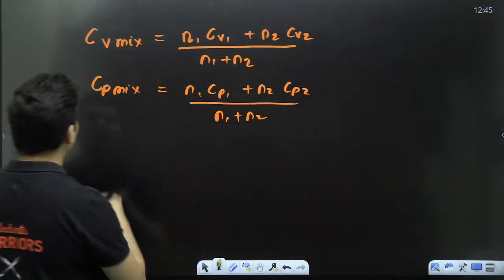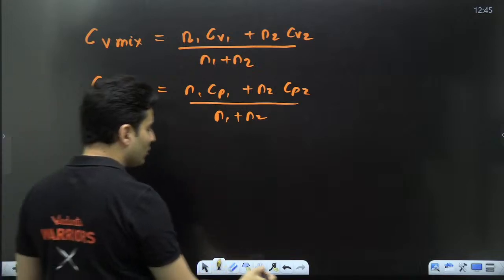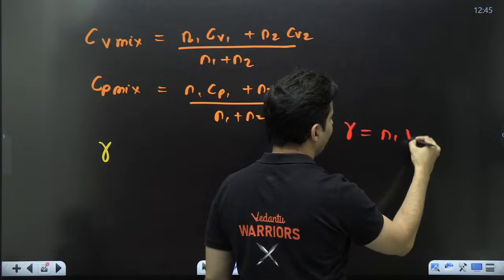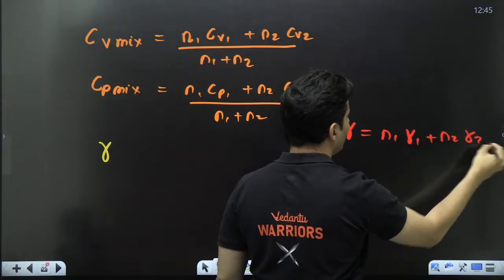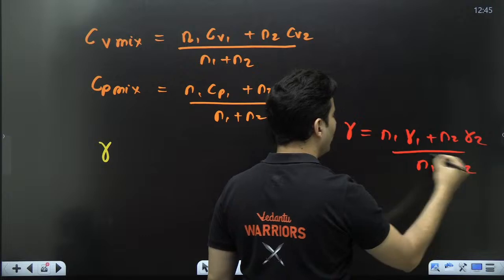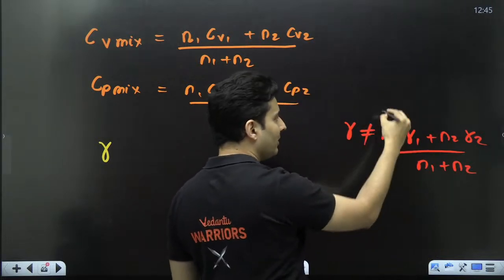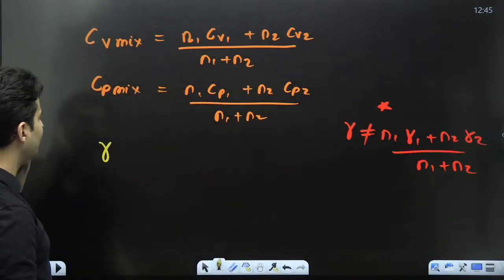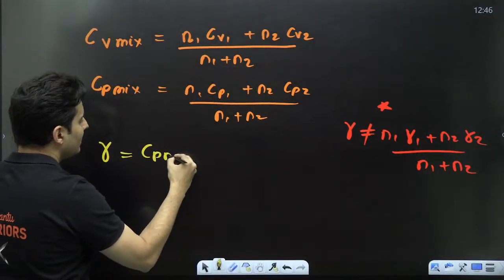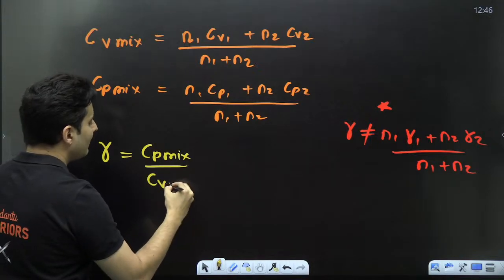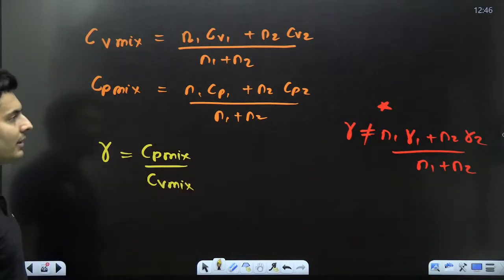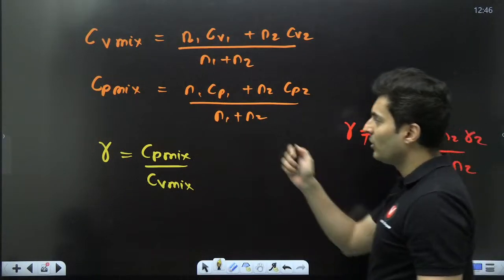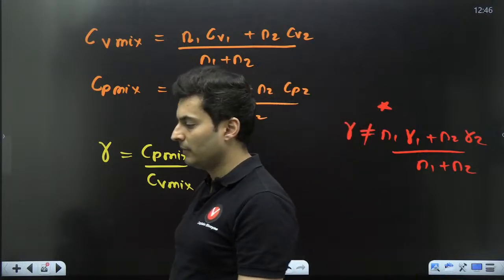And then if you want to find gamma, please do not use this formula. This is wrong: gamma is N1 gamma 1 plus N2 gamma 2 by N1 plus N2. If you do it, you will get a wrong answer. Please be careful. Instead, you find CP of the mixture and CV of the mixture separately and then divide them. That's the only way you can find it. Do not use this for gamma. For C you can use it, not for gamma.